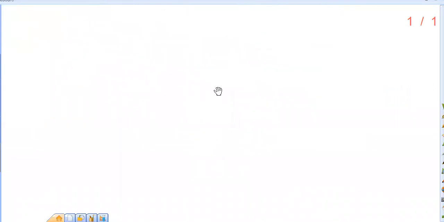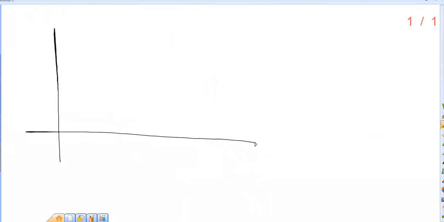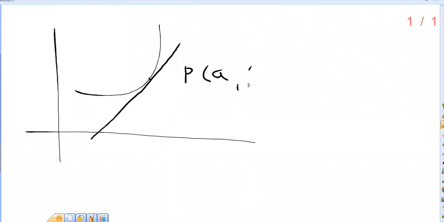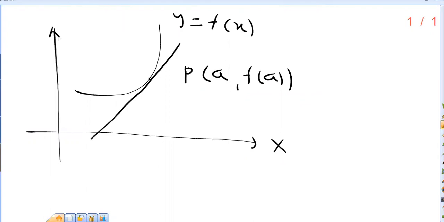So what will be the equation of this tangent? Let me draw the diagram again. Suppose this is the curve and this is the tangent at the point P. Now, what are the coordinates of P? They are (a, f of a). What is the equation of the curve? It is nothing but y equal to f of x. Now, to get the equation of a line, two things are required: a point on the line and the slope of the line.